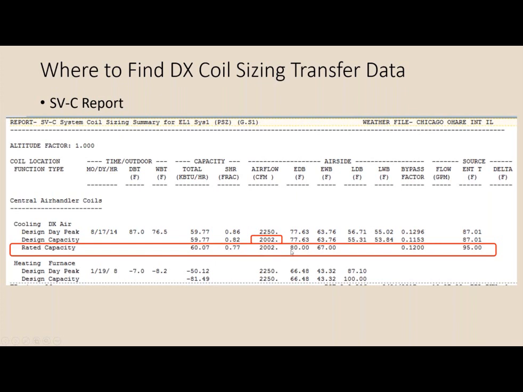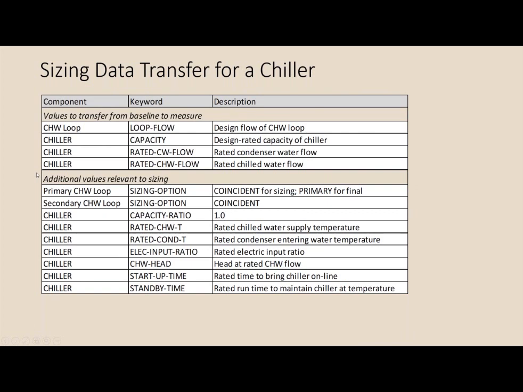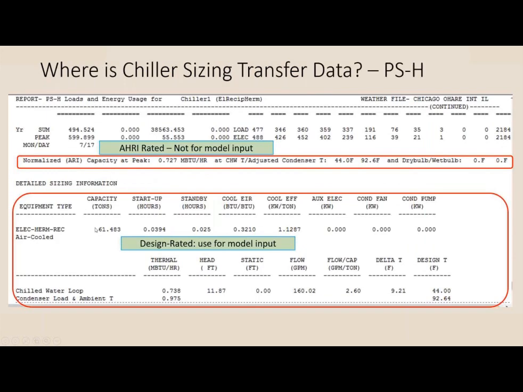So there are 3 different design related things going on there. This is similar information for a chiller, and I'm not going to go through the details here, but you can go back and read this on your own. And there's similar output in the PSH report where the AHRI numbers and design numbers come out for chillers.